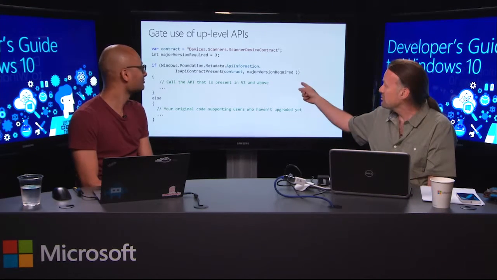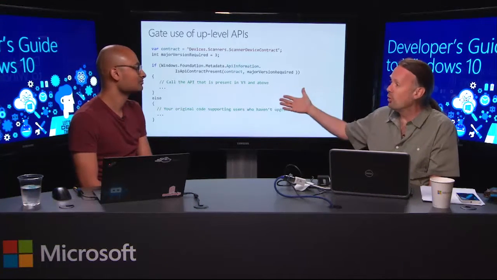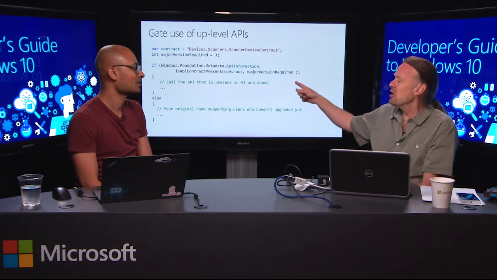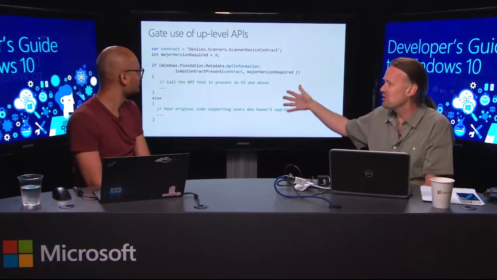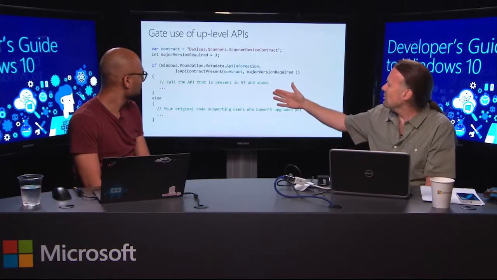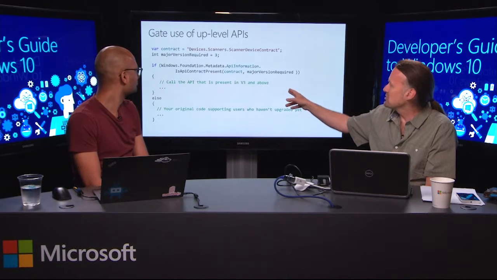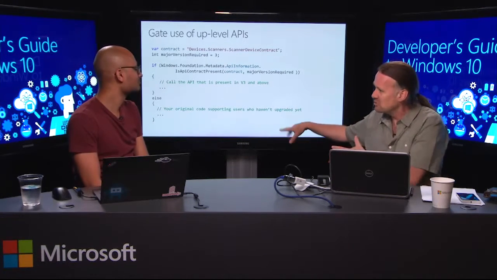So with this one, you can check is API contract present. If that specific version is available, then you can call that version. You already know that a type is in there because you know what's in that version of the API contract. Otherwise, you wouldn't have written this code. So you can call the up-level API for those systems that have it, and otherwise fall back to the original usage.